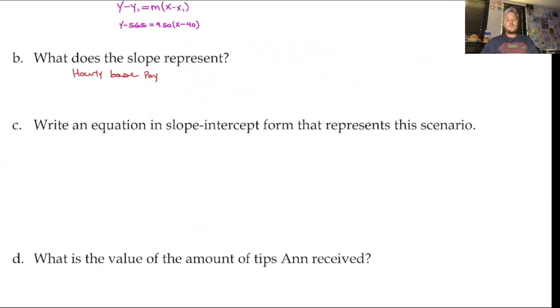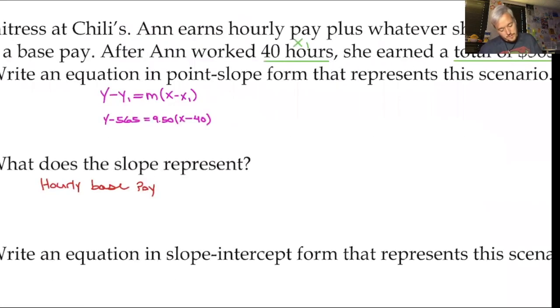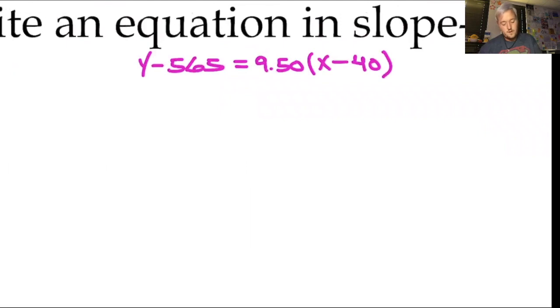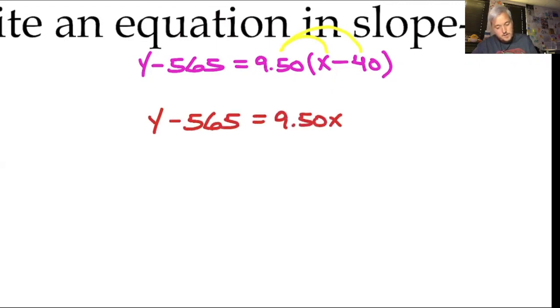All right, so now we want to write an equation in slope-intercept form that represents the scenario. So I'm going to take my equation from part A. I'm not even going to try to do this mentally. Where's my calculator? All right, so first thing is to distribute. So y minus 565 equals 9.50x, then 9.50 times 40, which gives you minus 380.